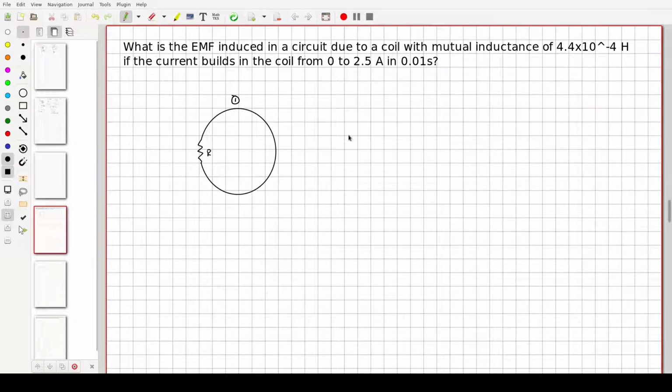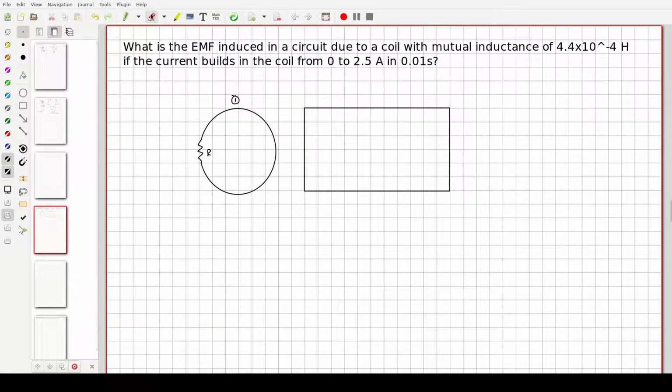And then, nearby, what we have is a coil. Let me just sort of draw a circuit here, the way coils and circuits are drawn.